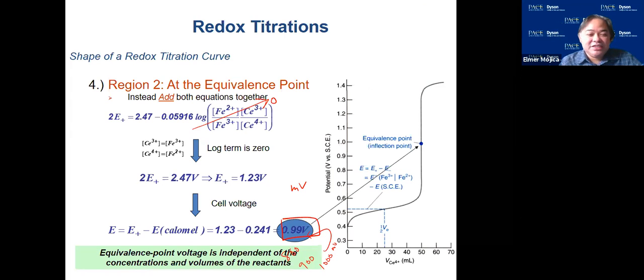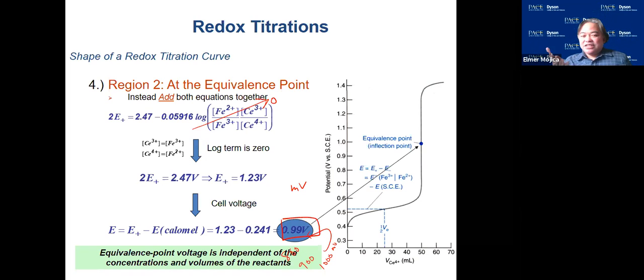So that's the equivalence point voltage, and it's independent of the concentration and volumes of your reactant. And I think when you keep adding, the change in the voltage after the equivalence point is not so high, because you already reached the equivalence point here.